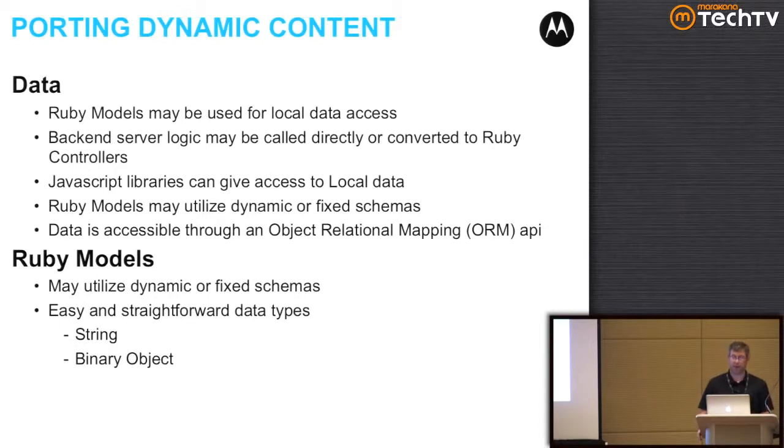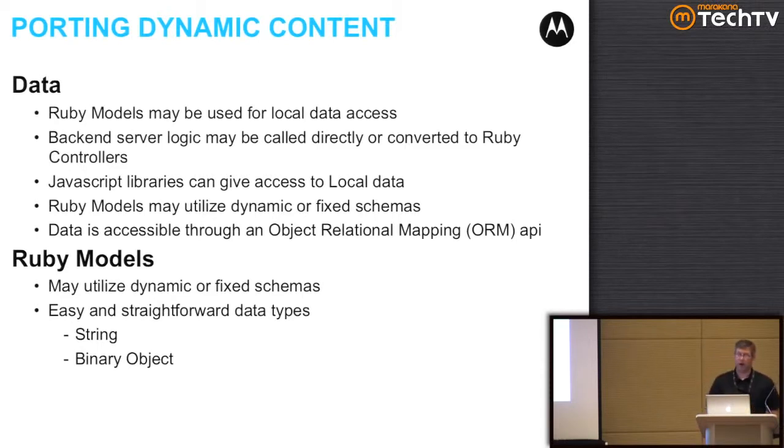So I think it's actually kind of great that specifying your data models and using them in row elements is very straightforward. It also takes away some of the effort that you'd have in porting your web app over. Right? Now, the back-end server logic can either be called directly or converted to Ruby controllers.